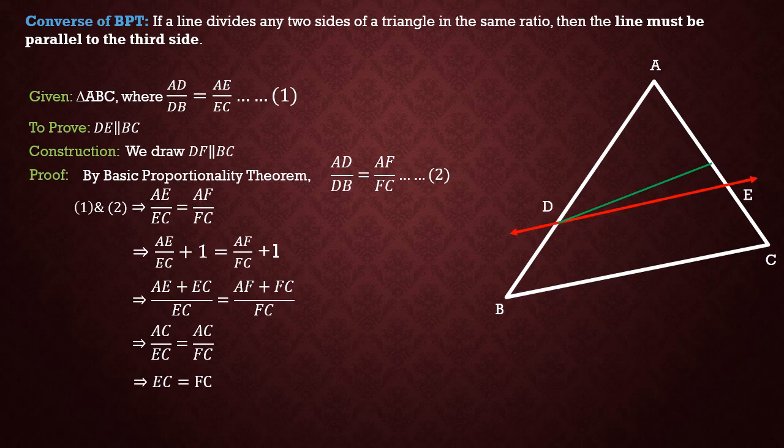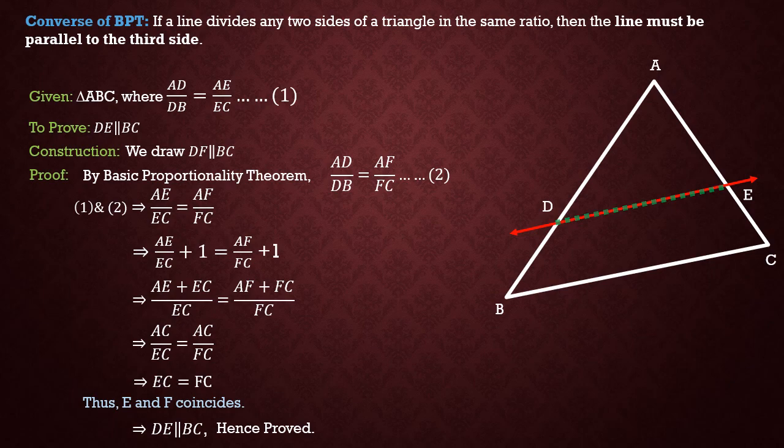So that means E should not have been in the initial position, E should have been here. So that means this line should instead be a line which is parallel to BC. So we can state that E and F coincide and DE is parallel to BC, and that is proved.